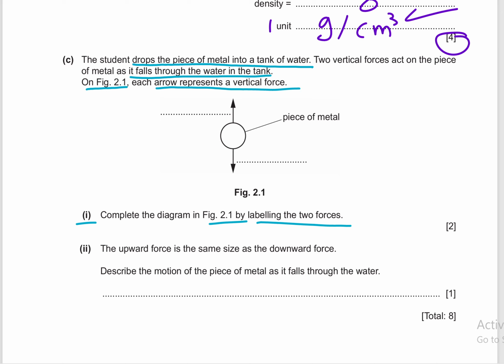As you can see, I have a force up and a force down. The force that is up, this one, it's actually the friction between the piece of metal and the liquid. So this is friction with the particles of the liquid, or we call it drag force.